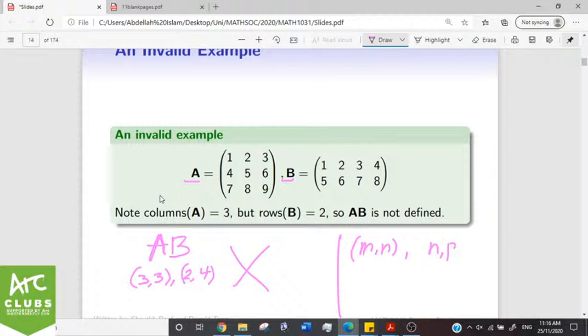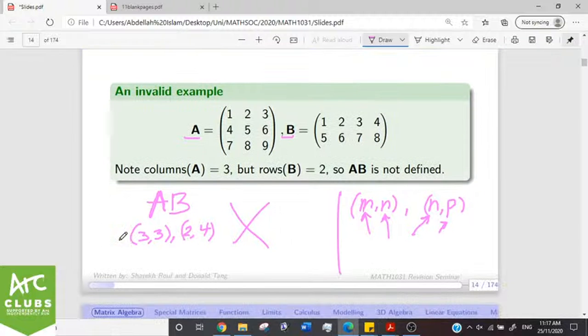So p and m can be whatever you want, and n has to be the same. So the number of columns in the first matrix has to be the number of rows in the second matrix. Keep that in mind when you're doing matrix multiplication. Make sure you're not multiplying invalid things. And if you look here, you can kind of see why it's not defined for these matrices, right? Because if you take this row and try to multiply it by this column, this 3 is going to feel left out. And so that's why we define it as it is.